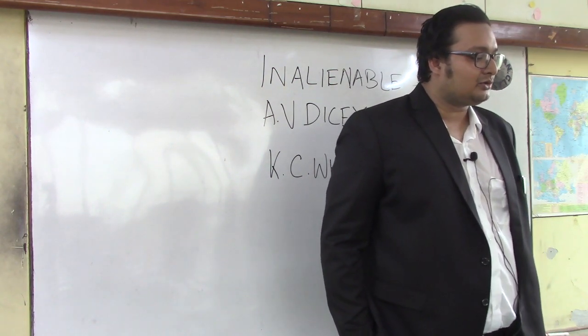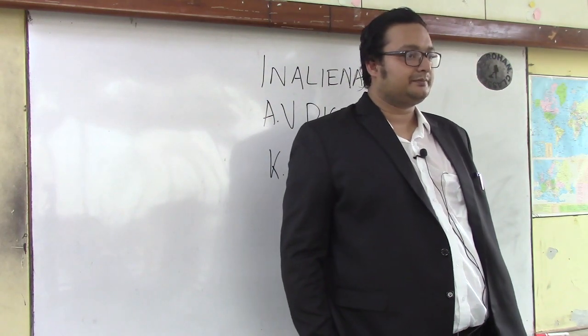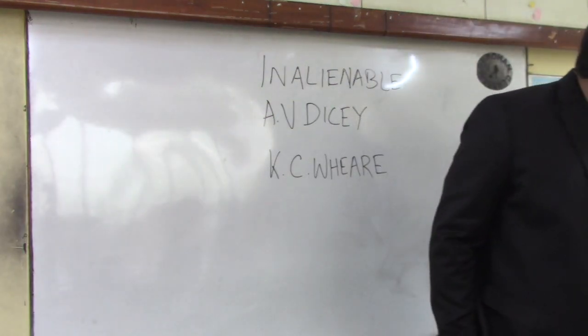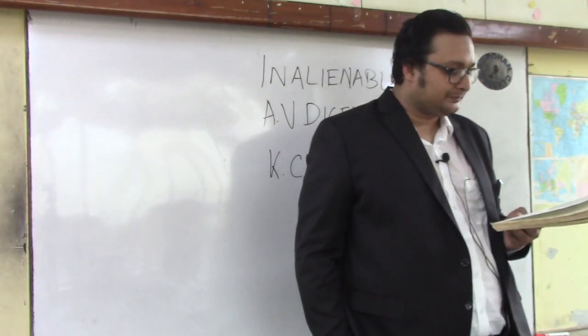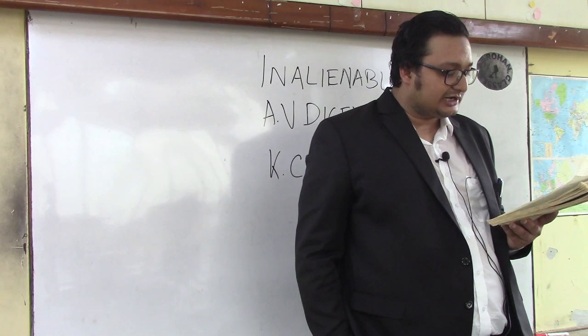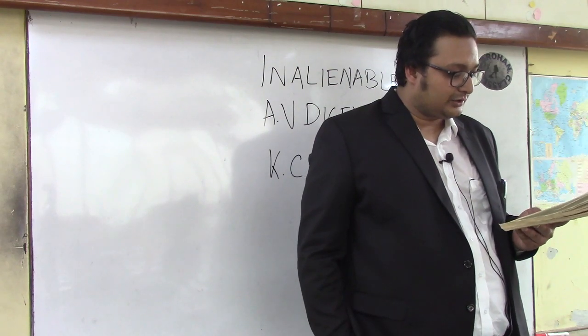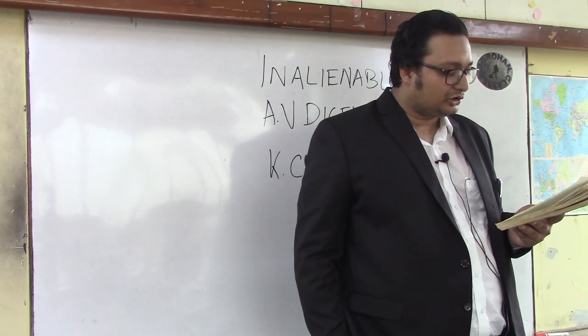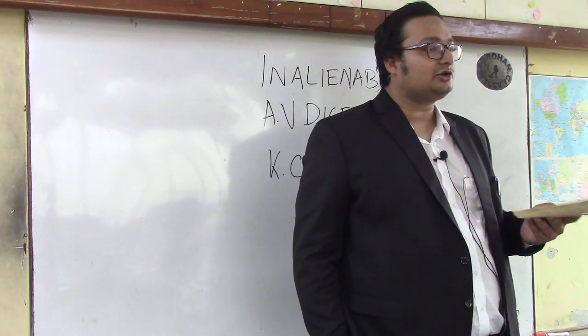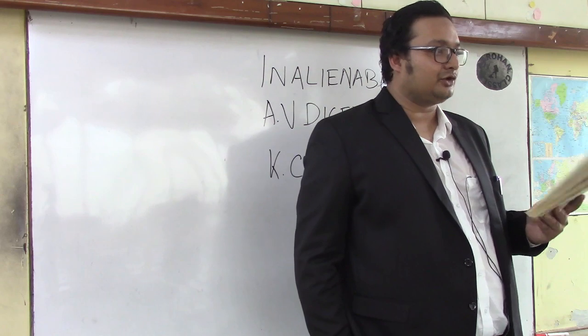Okay, now take a look at Article 13, the second clause. The state shall not make any law which takes away or abridges the rights conferred by this part, and any law made in contravention of this clause shall, to the extent of the contravention, be void.